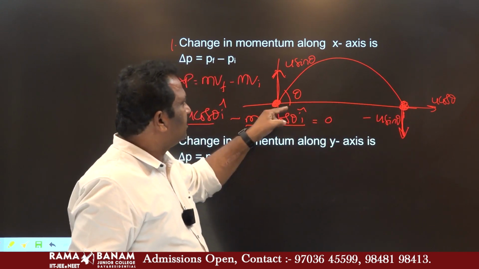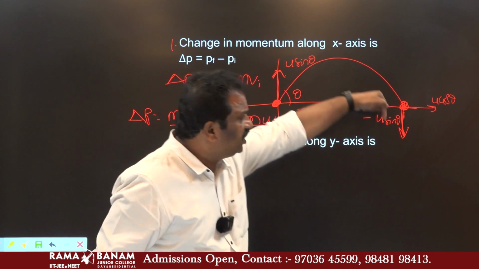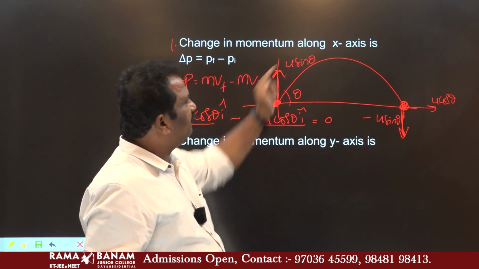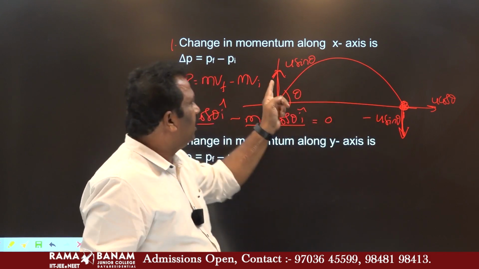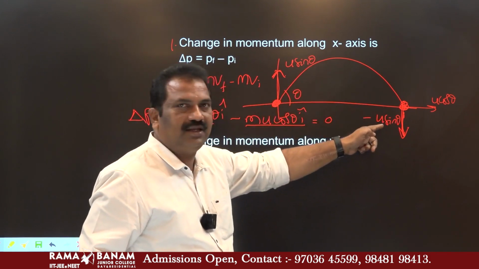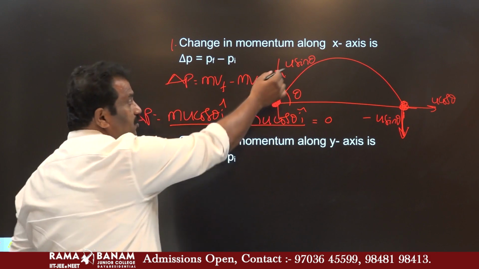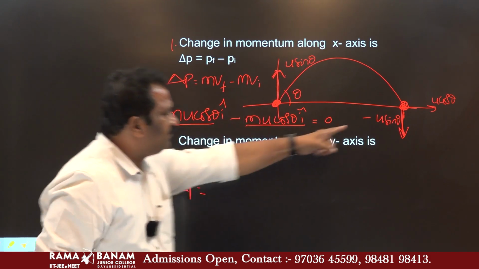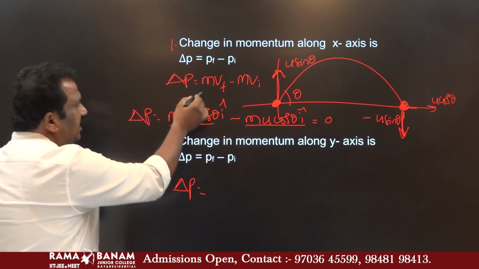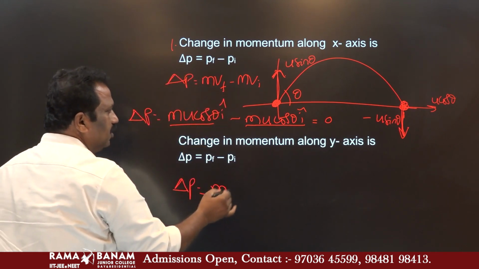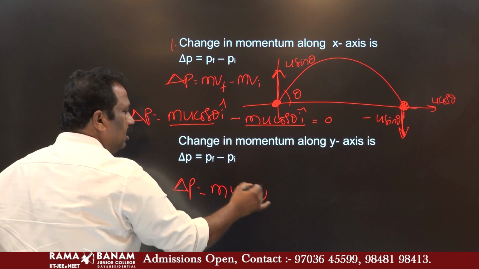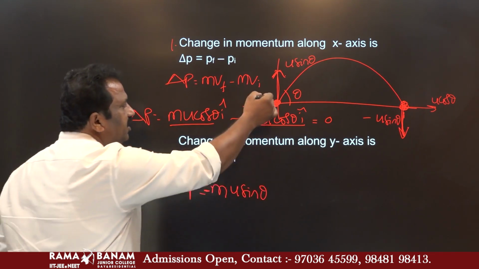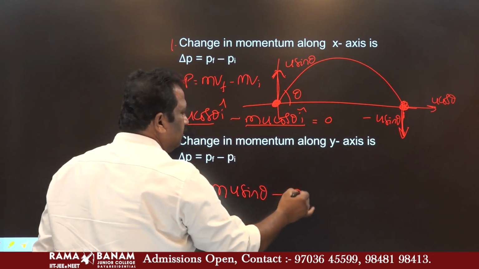But on reaching the ground, the body moves opposite to the initial direction, so it becomes minus u sin theta. This is initial u sin theta. Then delta P = P final, that is mv final = minus mu sin theta, minus initial P, which is mu sin theta.